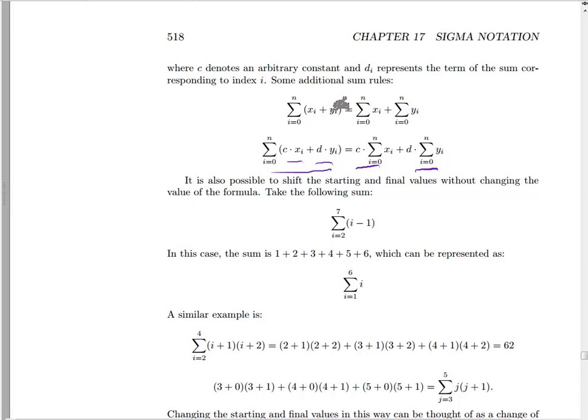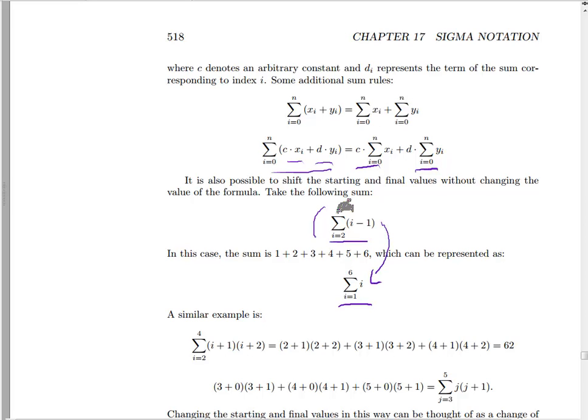Now, we can also change the starting and final value. If you think about writing this sum out from i equals 2 to 7 of i minus 1, really the terms start at 1, 2, 3, 4, 5, 6. That's the same thing as if I start at 1, go up to 6, and multiply by i. What's the difference between here?